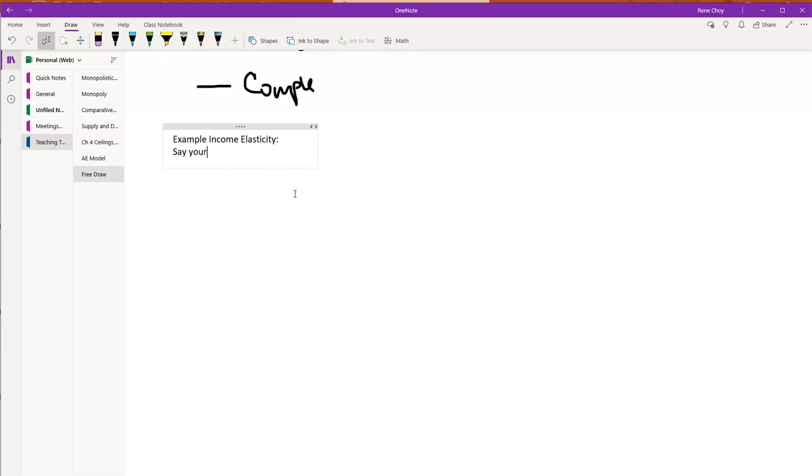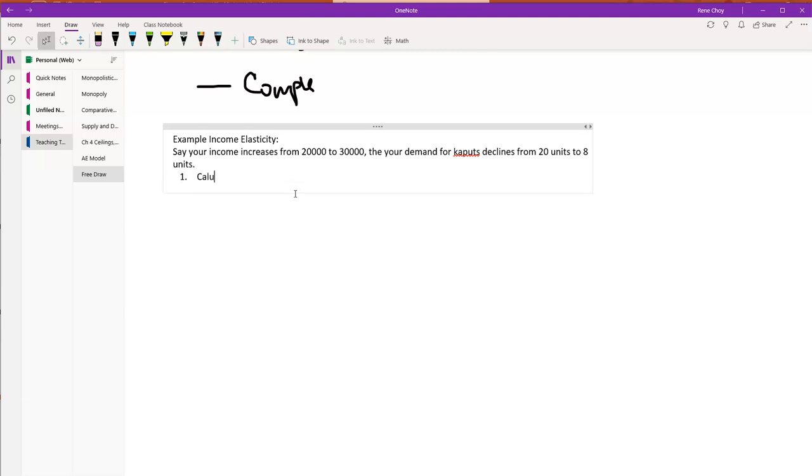All right, so let's come up with an example for that. Let's say your income increases from 20,000 a year to 30,000 a year. Then your demand for caputs declines from 20 units to, let's call it, 8 units.